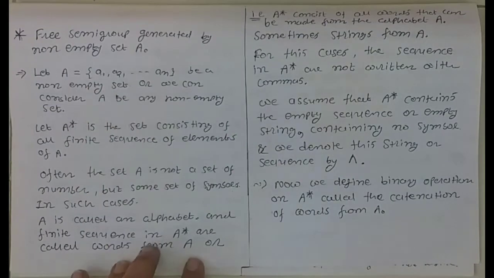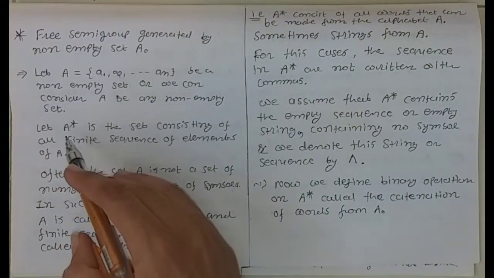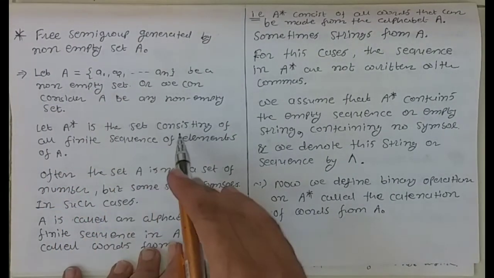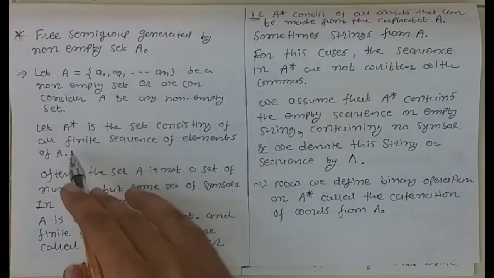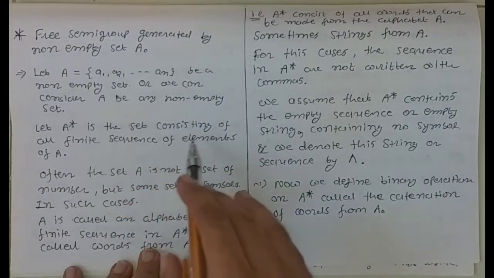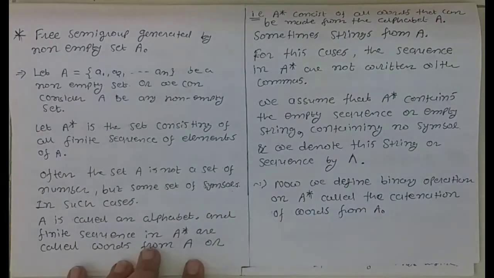Now let A star be the set consisting of all finite sequences of elements of A. What is A star?